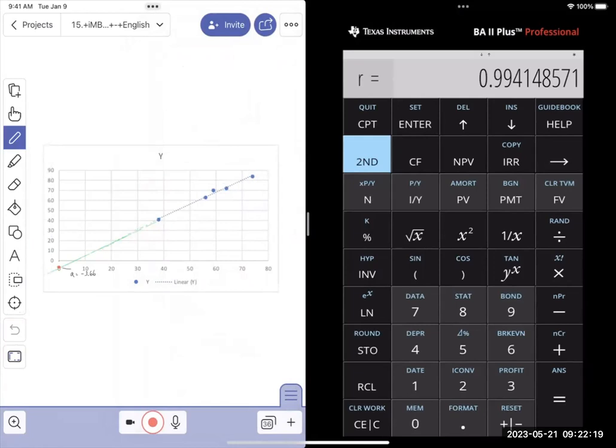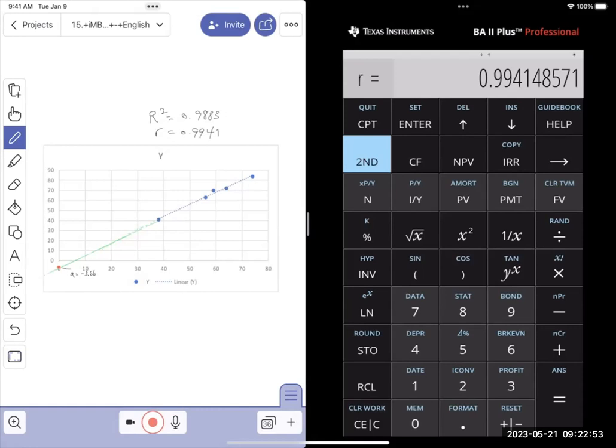So in Excel, it was R square is equal to 0.9883, and this is 0.994. Okay, so there's the R. So it means it's a positive, strong relationship, which we see in the graph as well. Always graph first. So no surprises here.